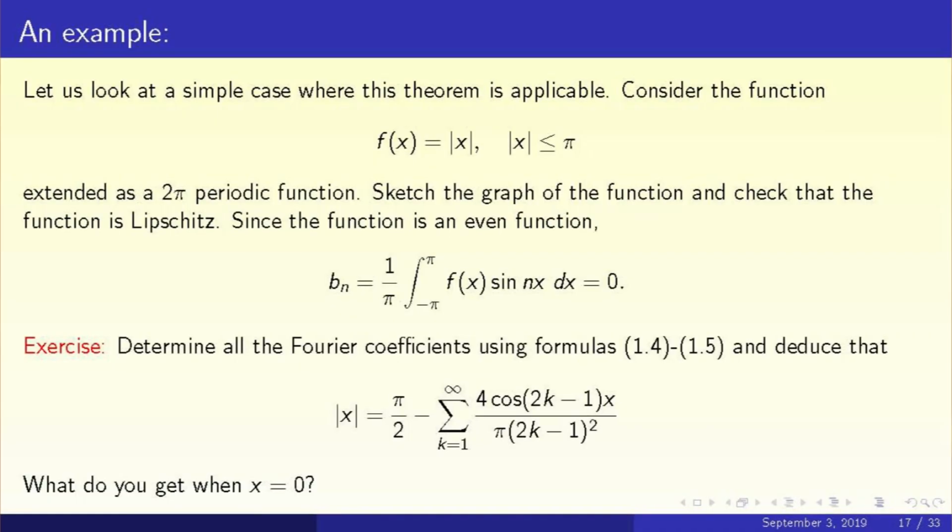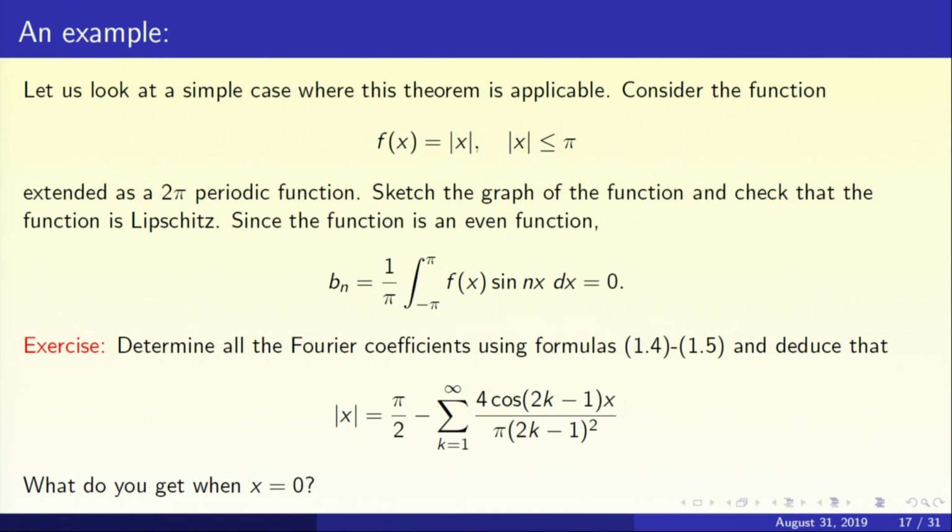We had spent a lot of time and taken a lot of trouble in proving the basic convergence theorem, and now we must reap its benefits. The function is an even function, so Bn is straight away going to be 0. I ask you to compute the other Fourier coefficients a0 and an, write down the Fourier series, and the Fourier series will give you back the function pointwise.